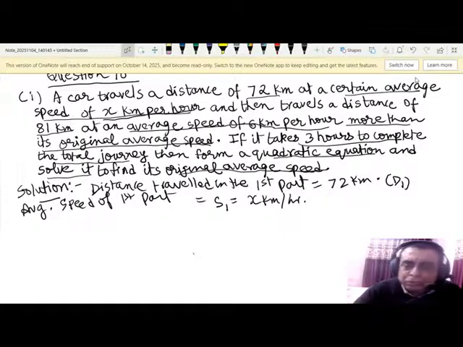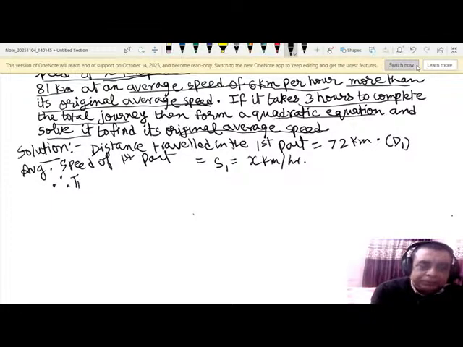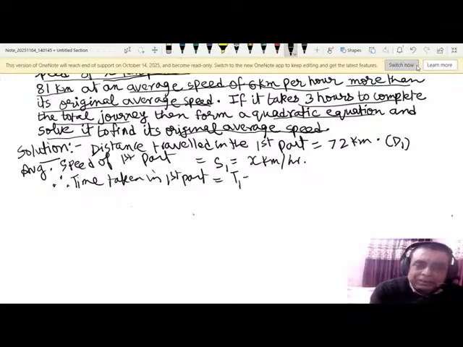Now the time taken in the first part, let us denote it by t1, which will be distance divided by speed, d1 divided by s1.